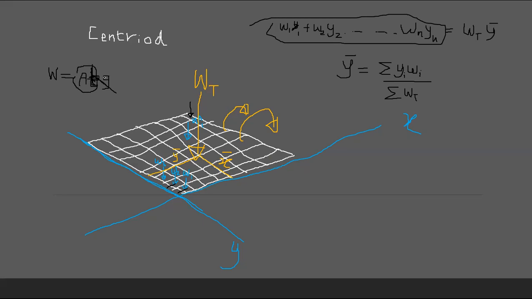Volume into density gives you mass. Mass into g gives you W, W is mg, okay? M is rho times V, right? V is area times thickness. Okay, I think you got it. These things are constant. So you can even take W is proportional to A, right? Even if you take area, that's fine.